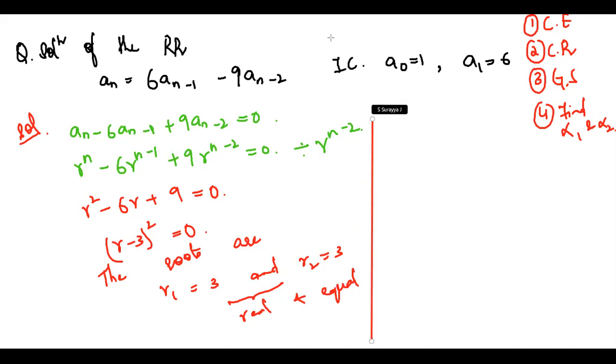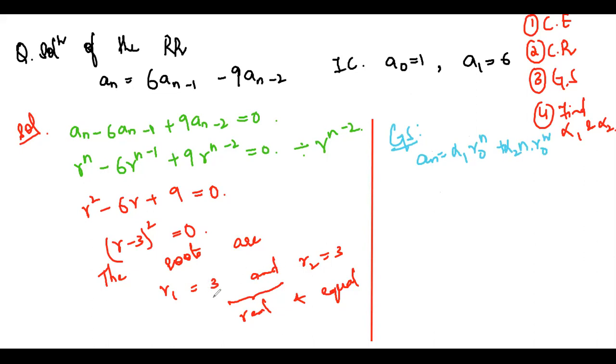Okay, so the roots are real and equal. Now if the roots are real and equal, then what is the general solution? Let's mention the general solution. The general solution is given as an is equal to alpha 1 r naught power n plus alpha 2 n into r naught power n. Now we have got our r naught.